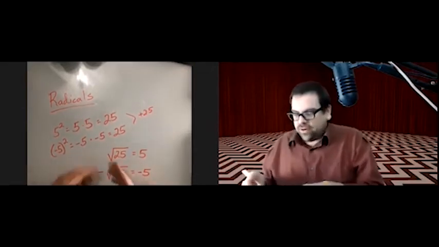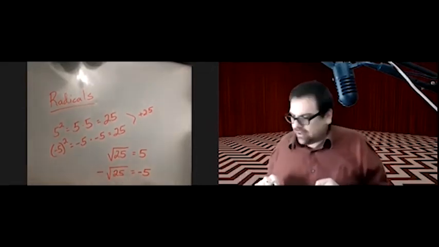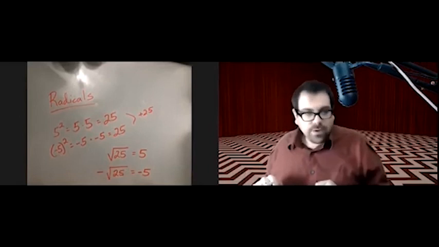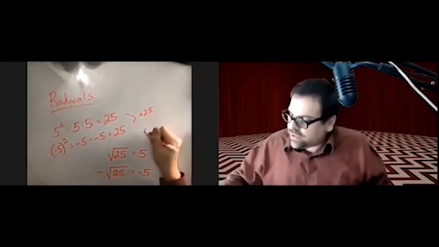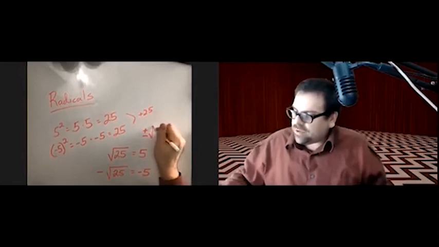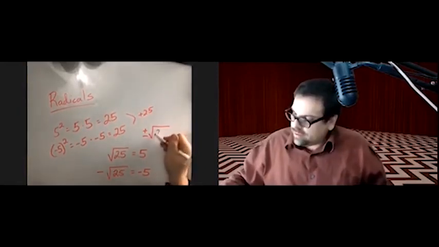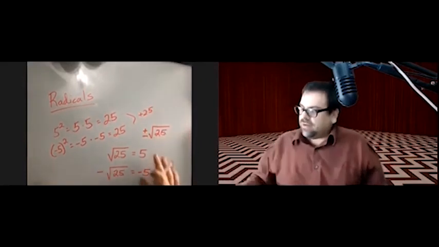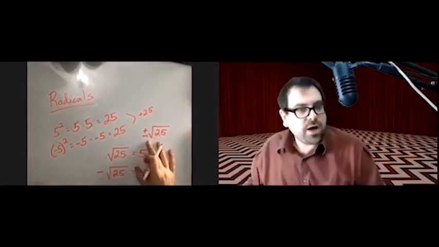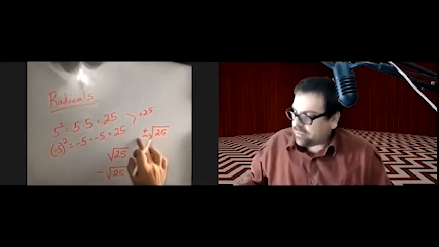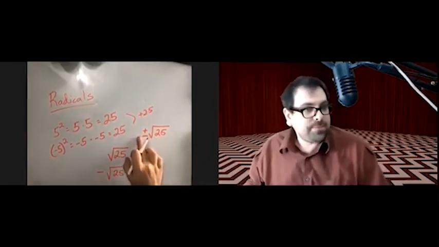So together, the positive and the negative, we use the plus or minus notation. So to cover all square roots, the positive and negative, we have plus or minus.